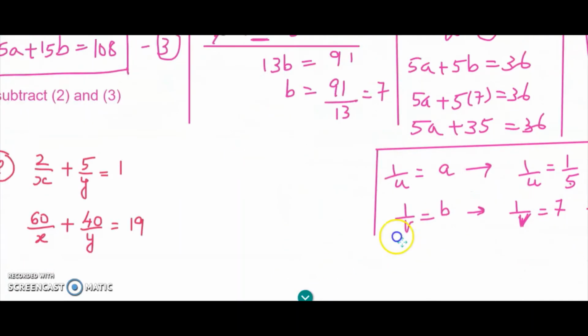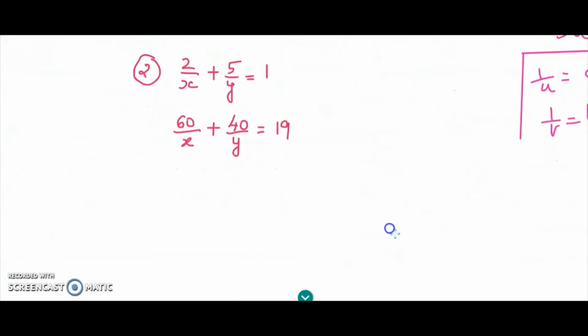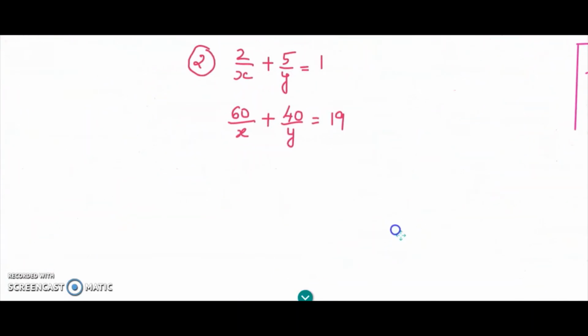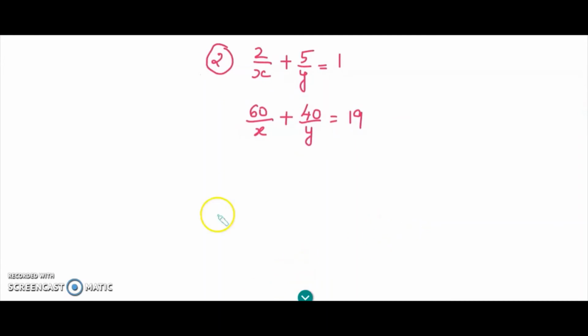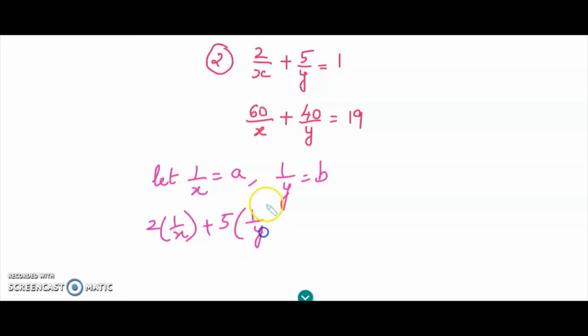Hope this is clear. I'm just going to give you the hint for the other two equations. Here we'll say let 1 upon x equals a, 1 upon y equals b. So what is my first equation? 2 times 1 upon x plus 5 times 1 upon y equals 1, so that becomes 2a plus 5b equals 1.